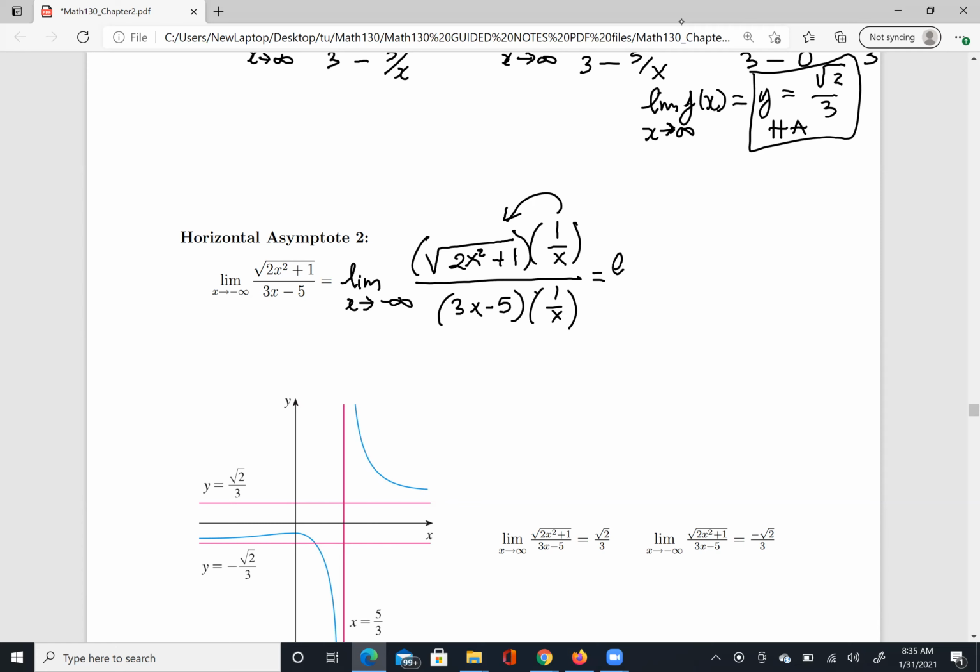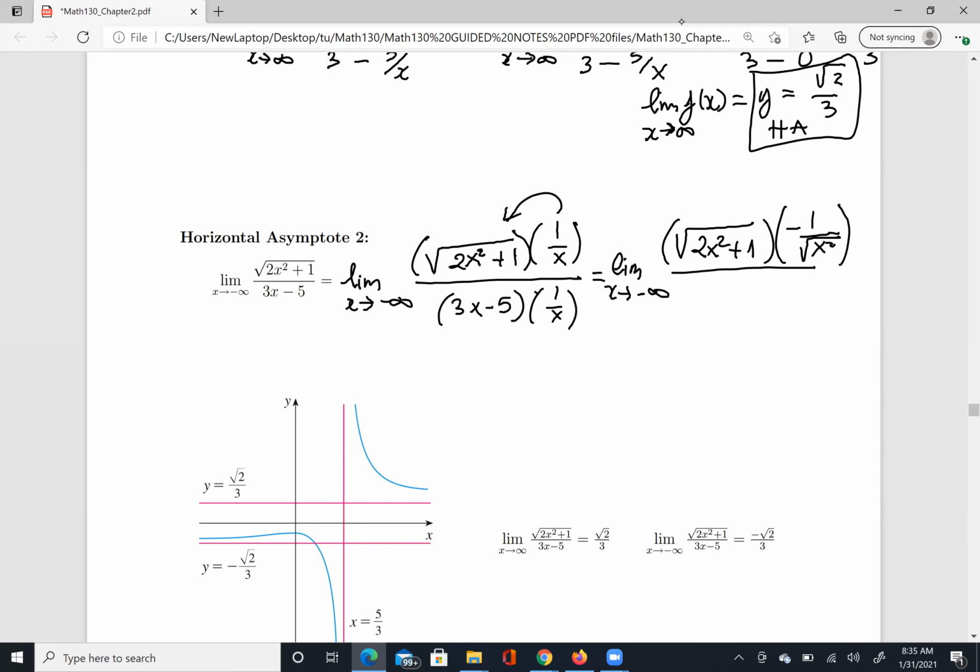So the limit as x goes to negative infinity. Now the top is going to be the square root of 2x squared plus 1, and multiply by, okay, watch out on this step. You actually are going to have a negative of 1 over the square root of x squared. Why do you have a negative instead of a positive?